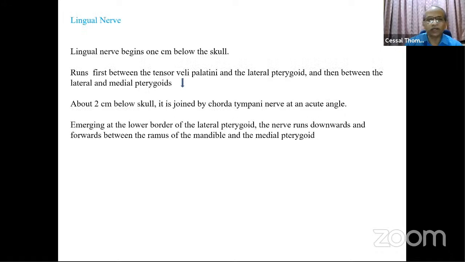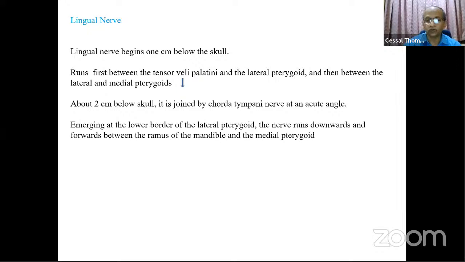So some important nerves in relation to the oral cavity, we will discuss now. One division of the mandibular nerve is the lingual nerve. We have already discussed that the lingual nerve will be seen in the sublingual space.